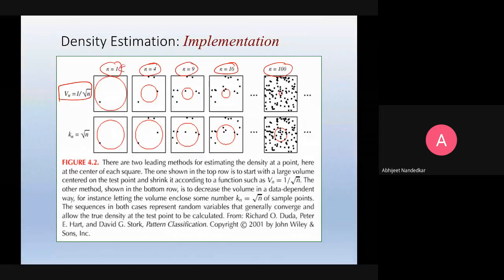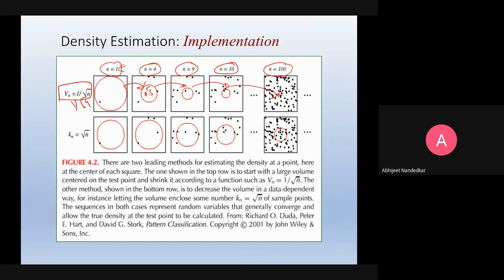Now if I put n equal to 4, it will be 1 by square root of 4, that is 1 by 2, so 0.5. You can see this volume is shrinking and reducing as I go to n equal to 9, 16, and 100.